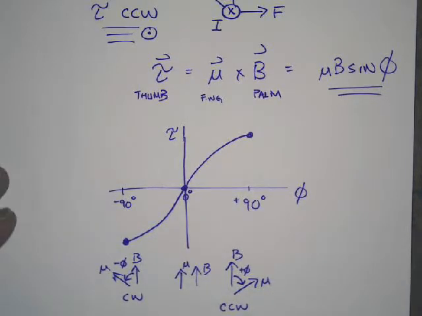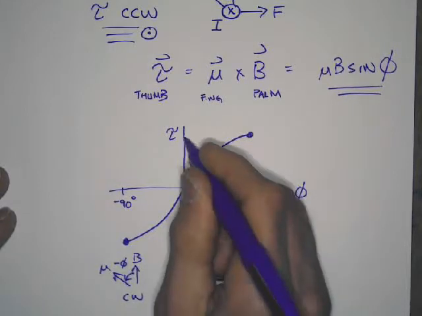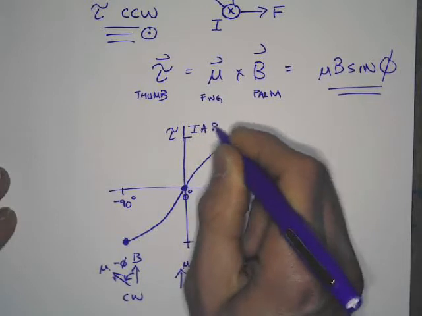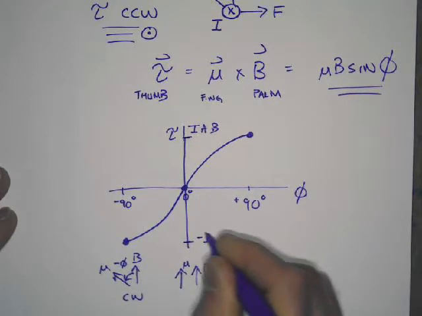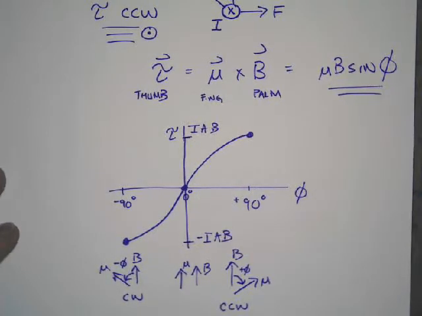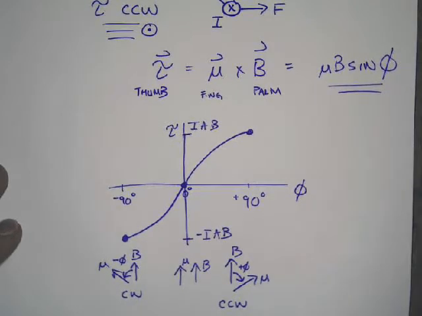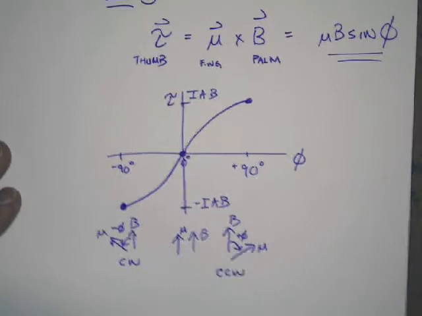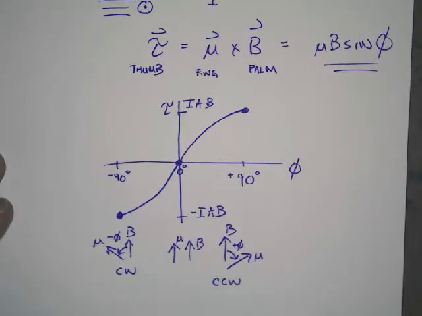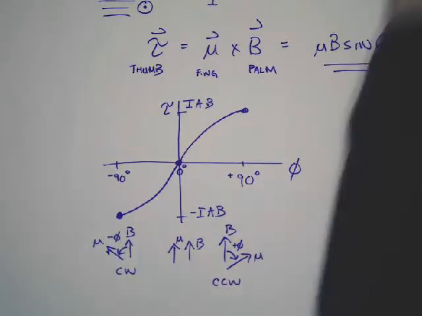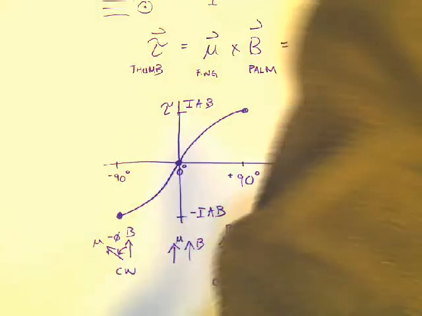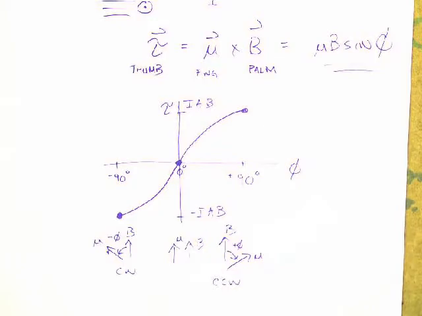And these maximum and minimum values, of course, would be I times A times B, and negative I times A times B. So again, the tendency of mu is always to align with the external field. That's what it's always trying to do. Okay, and then one last thing on this potential energy.